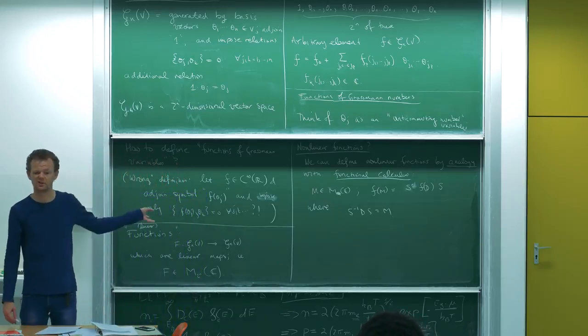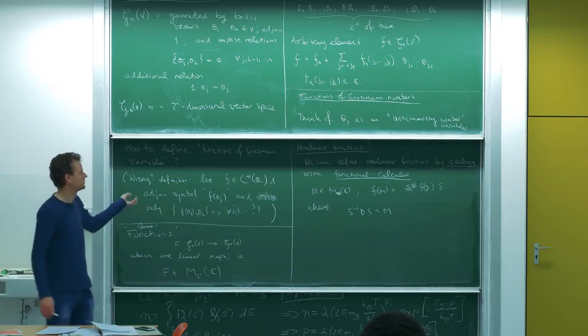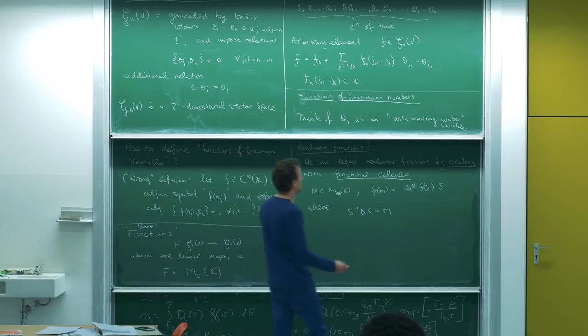Diagonalize, then you know how to define a function for a diagonal matrix. It's a commutative algebra. And then you just rotate back again. And that's the definition here.